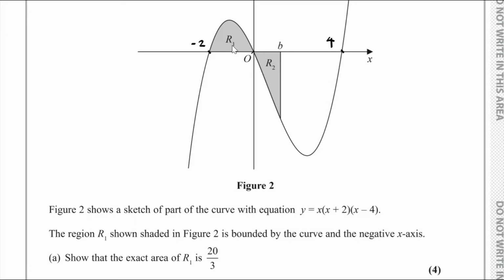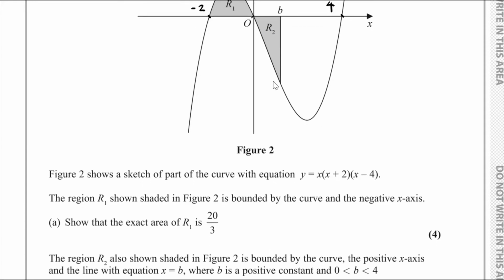We know that the area of R1 is equal to the area of R2, so the area of R1 is 20/3. The area of R2, that's also 20/3. But in terms of the integral of R2, that will be negative because we're below the x-axis.